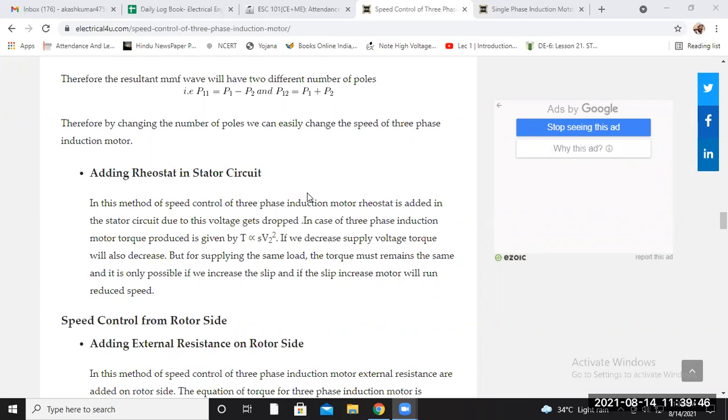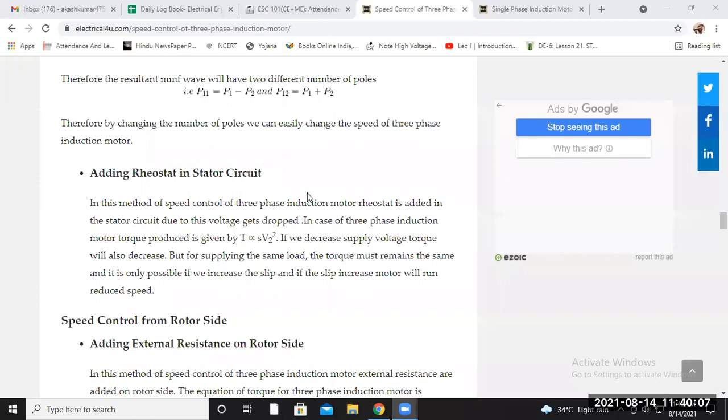So we were discussing the speed control of the induction motor.